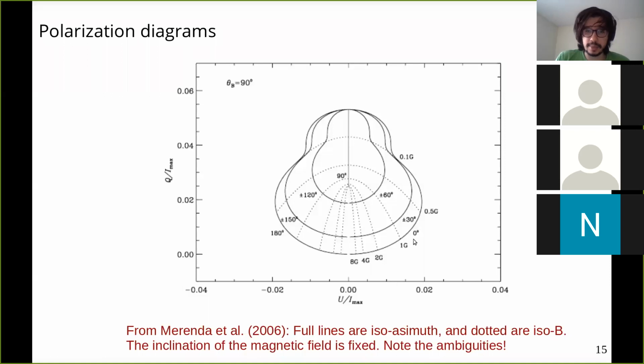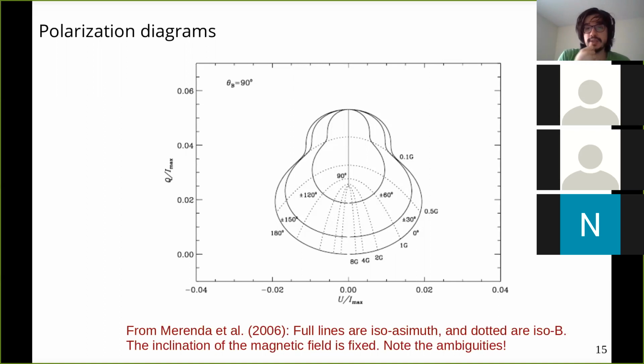So you can see numbers here. And then different values of the magnetic field are along these lines here, and they result in different values of I and of Q and U. Okay. And the dotted lines are for the constant values of the magnetic field, right? And changing the azimuth gives different values of Q and U. Okay.